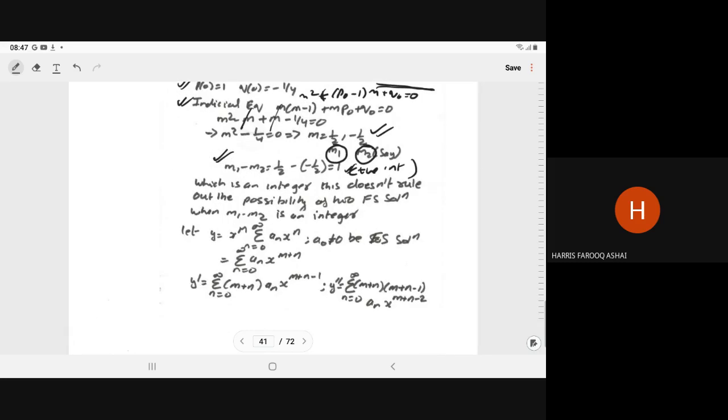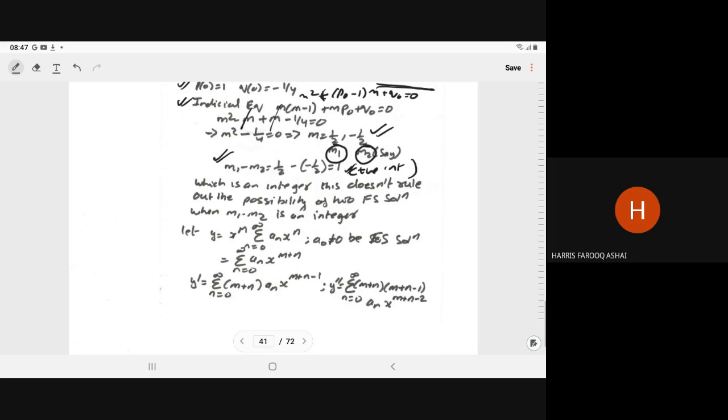In this case, which is an integer, this does not rule out the possibility of two Frobenius series solutions. By theorem A, first part, it is confirmed that one Frobenius series solution will exist for the bigger root, but it is not ruling out that the second Frobenius series can exist. It may or may not exist.